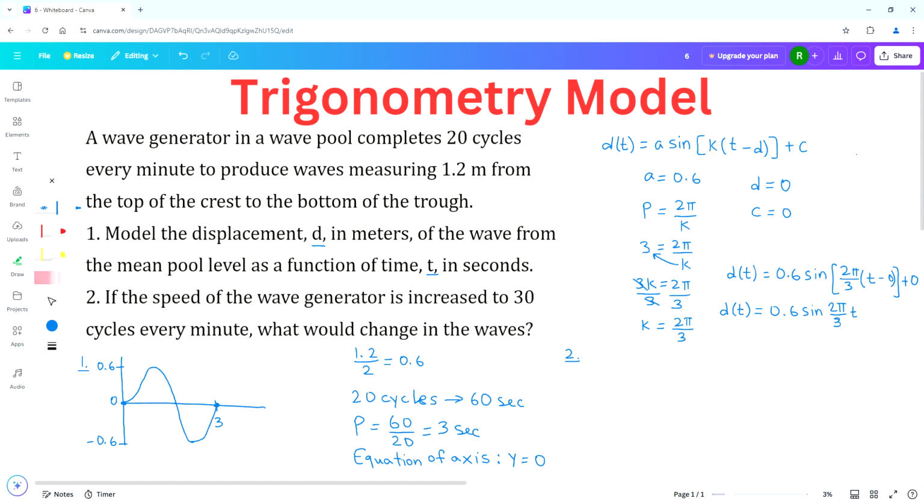As per part 2, 30 cycles are completed every 60 seconds. We can find the period for this new situation by dividing 60 by 30 because period represents the length of one full cycle.